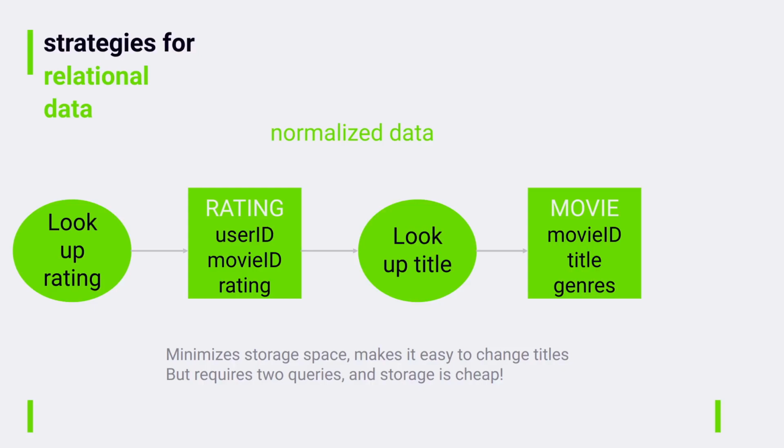This is a much more compact way of storing information and we only need to store all the movie titles once, but it requires two hops: look up rating and look up title. So we need two queries instead of one to get back the combination of rating information and the movie title that the rating was for.